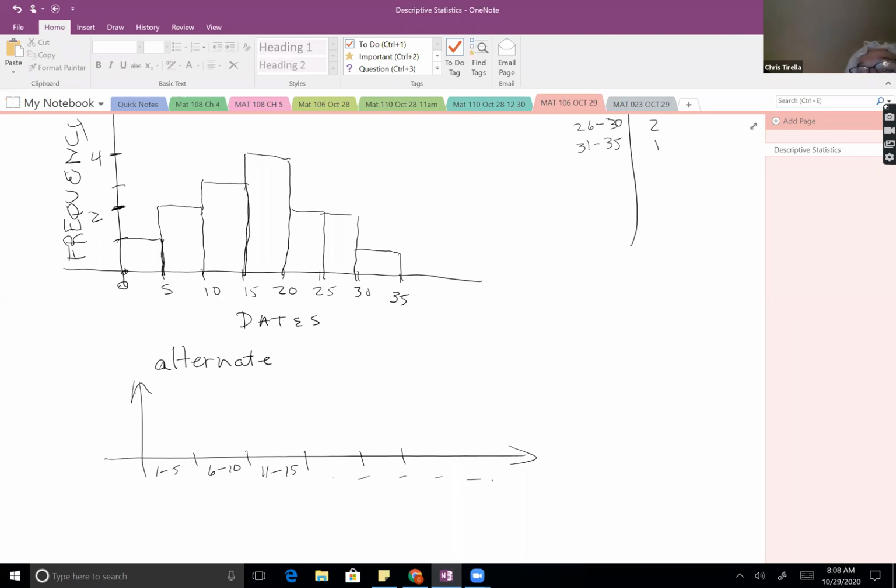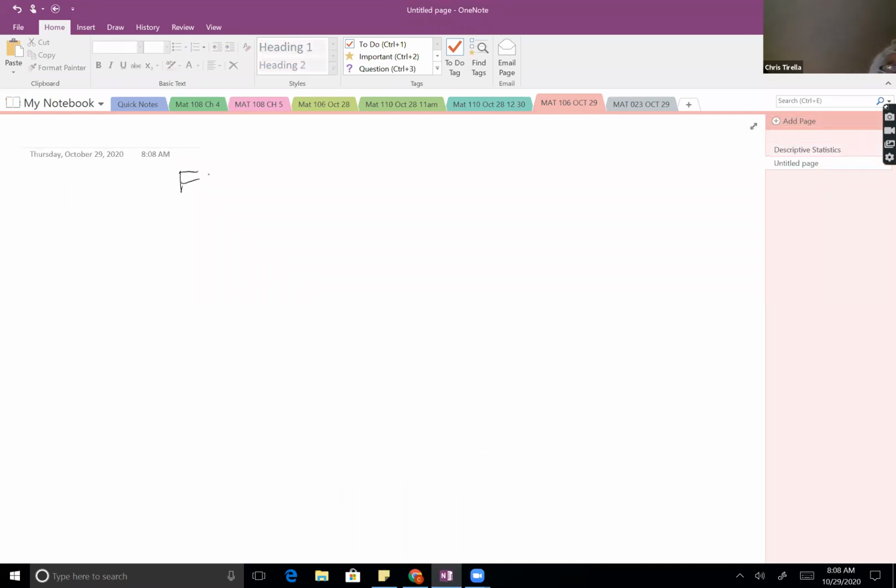Hearing none. Next place we're going to go is something that's called a frequency polygon. And a frequency polygon is similar to a histogram. The horizontal axis is going to have the data values.